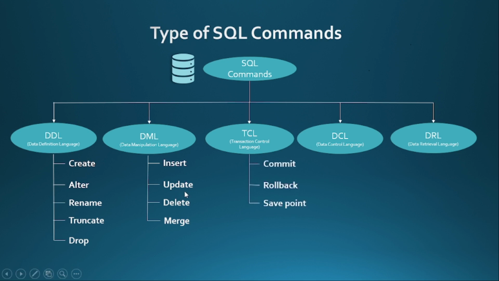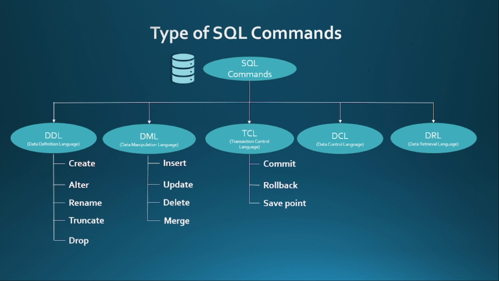Commit, rollback, save point come under transaction control language. Commit is nothing but, at a particular point, if we want to explicitly commit, assume you have to do the DML operation, insert, update, delete.